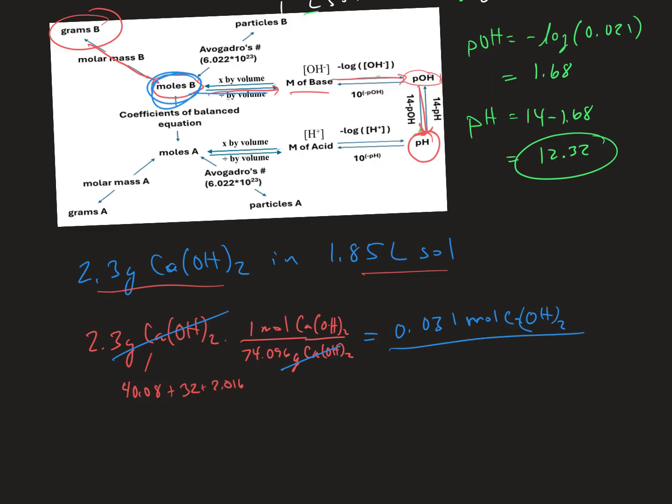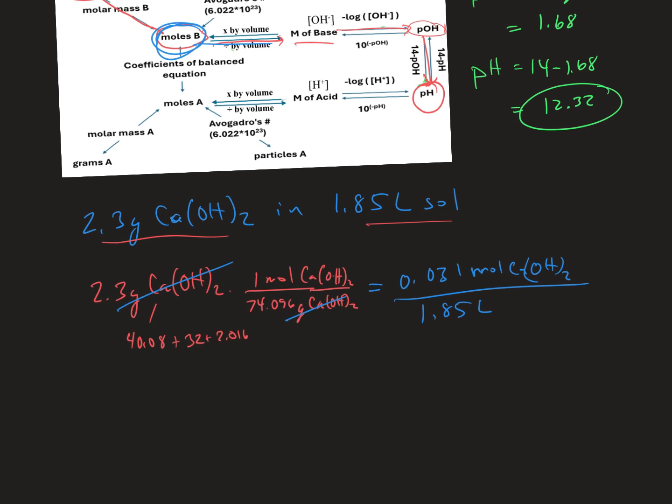Then if we divide by 1.85 liters of our calcium hydroxide solution, that's going to give us the concentration. And we get 0.0168 moles of calcium hydroxide per 1 liter of solution.